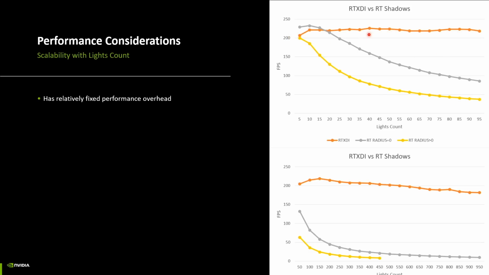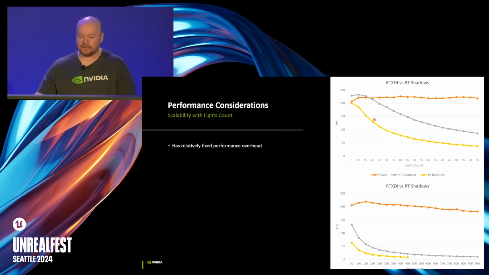There's some fluctuation in performance, but not much. Whereas traditional ray tracing, especially the yellow line, which shows ray traced lights with some area to them, which is how you'd want to use ray tracing or path tracing, you see that it falls off sharply as you add in more lights, and that's because they're being processed individually rather than all together.